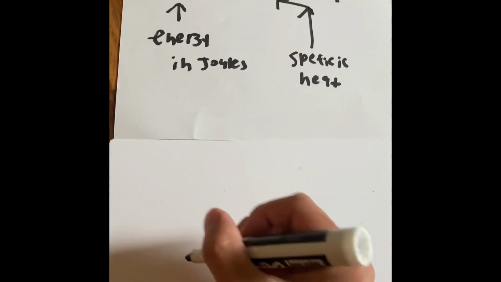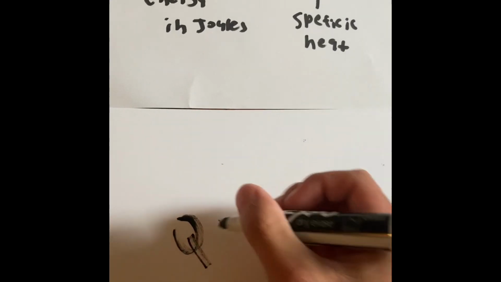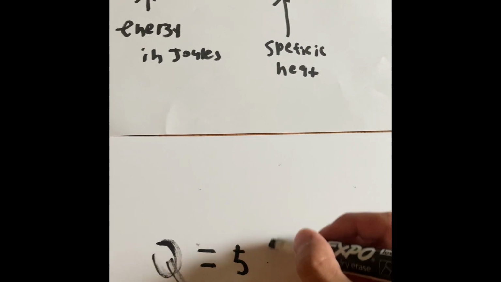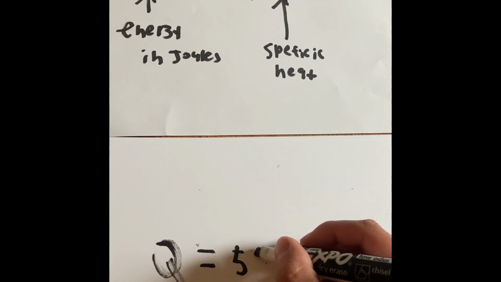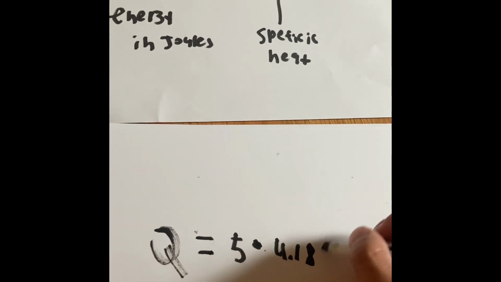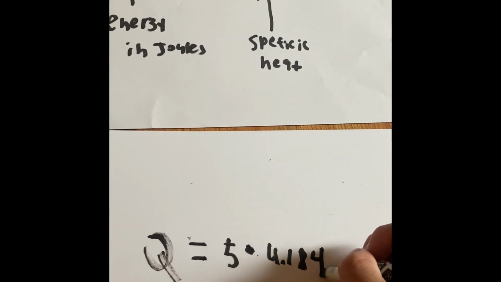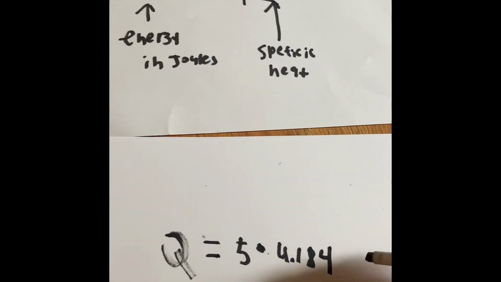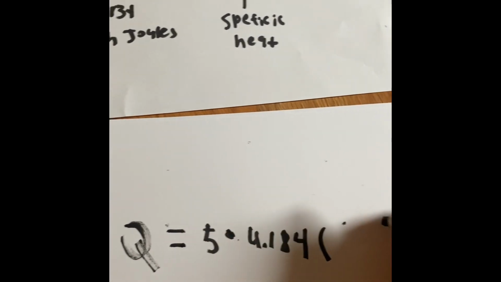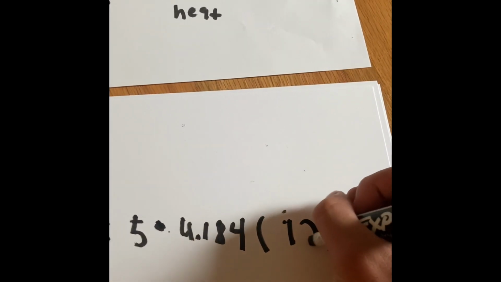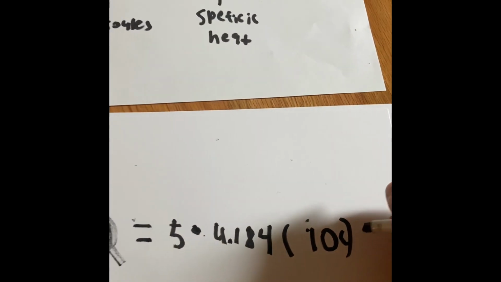With the formula, our energy in joules is going to equal 5, the mass, multiplied by 4.184, the specific heat of the liquid, multiplied by the change in temperature, which is 10 degrees Celsius.